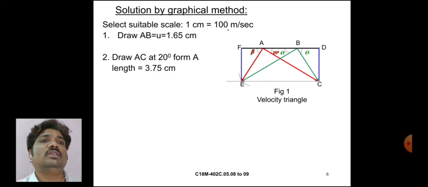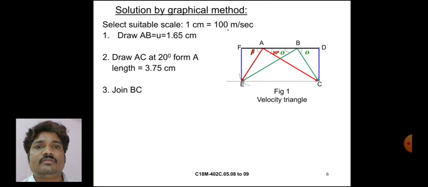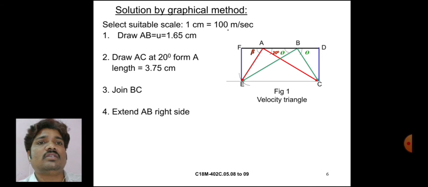Draw AC at a 20 degree angle from A, with length 3.75 centimeters. Join BC, as shown in this figure.